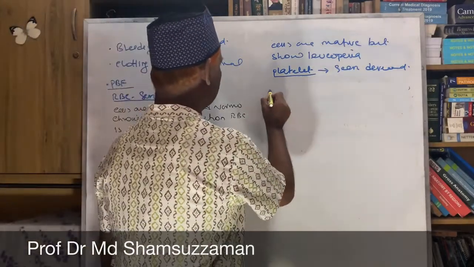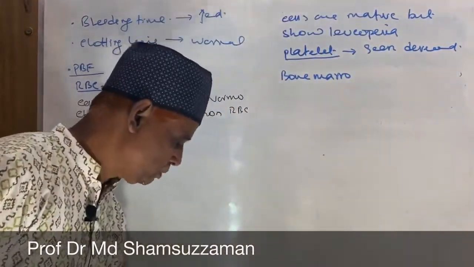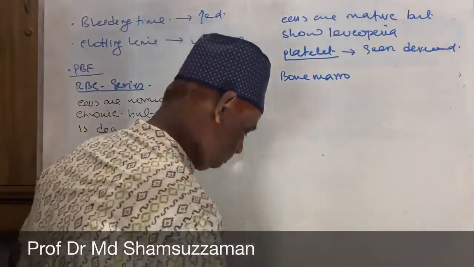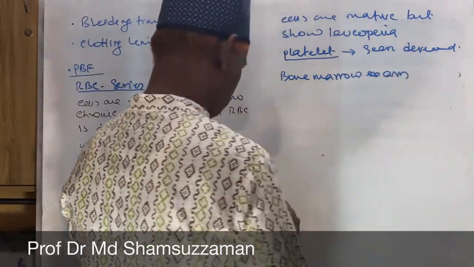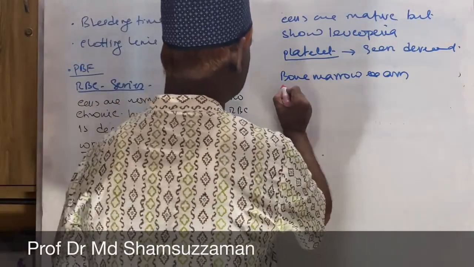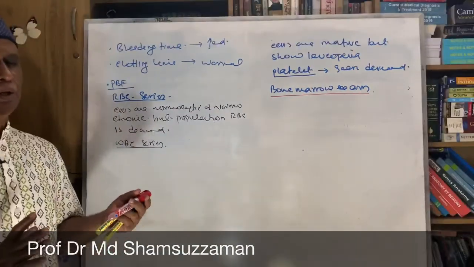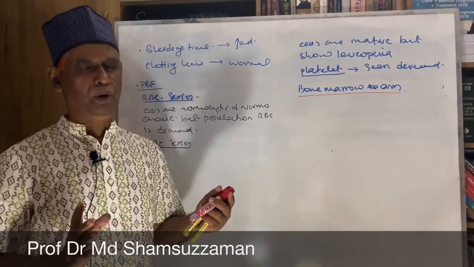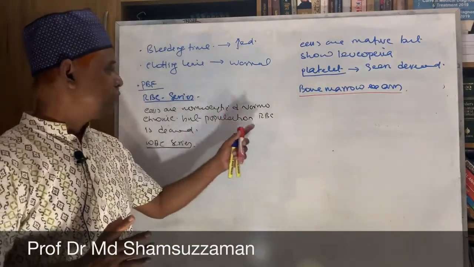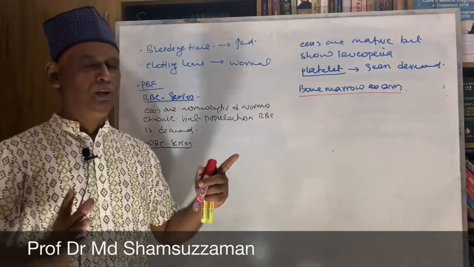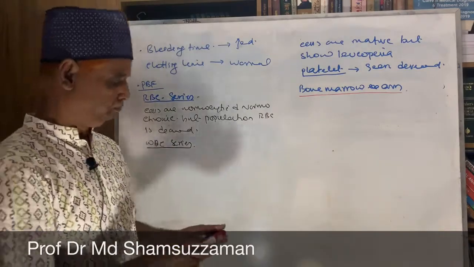Now come to bone marrow examination. Dear audience, in bone marrow we see the cellularity, the myeloid erythroid ratio, erythropoiesis, granulopoiesis, and megakaryocytes and platelets, etc. And I have told you initially in this lecture that in aplastic anemia or hypoplastic anemia, the hemopoietic element is reduced.